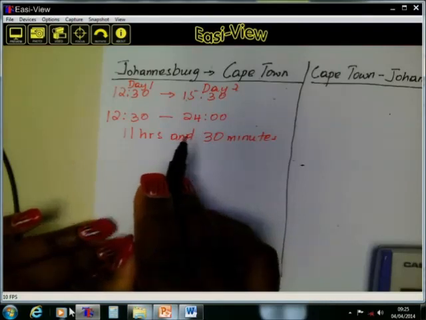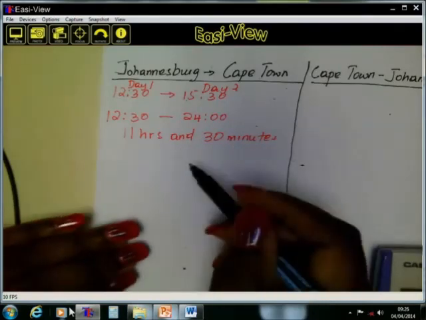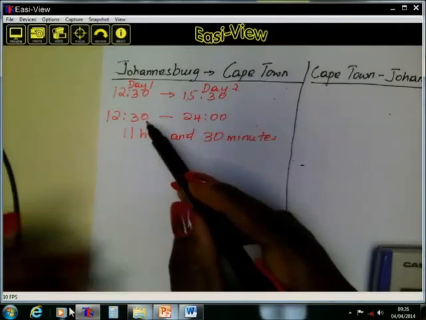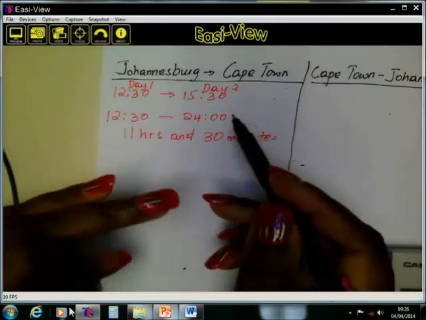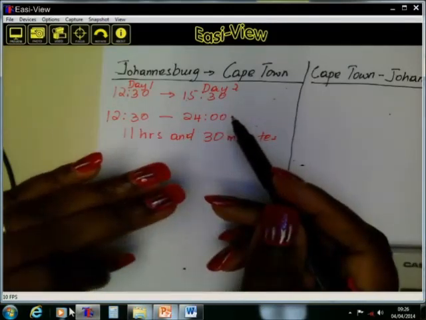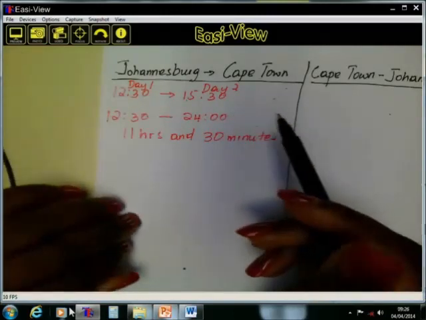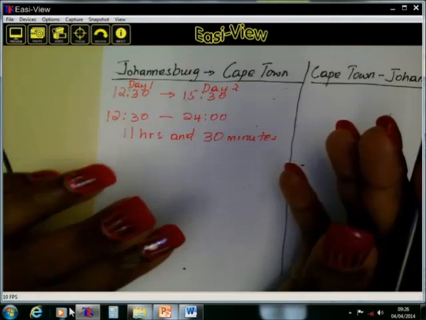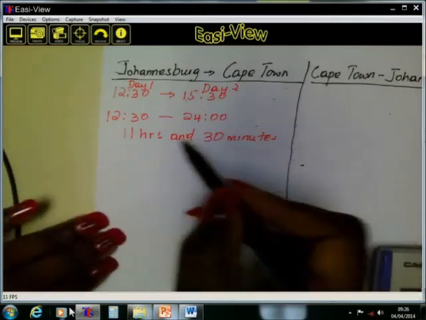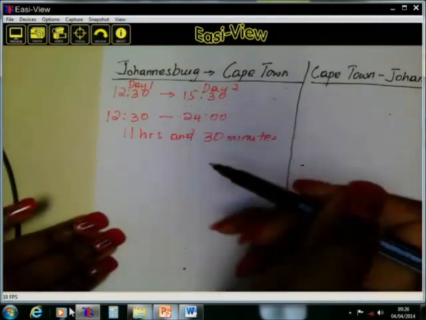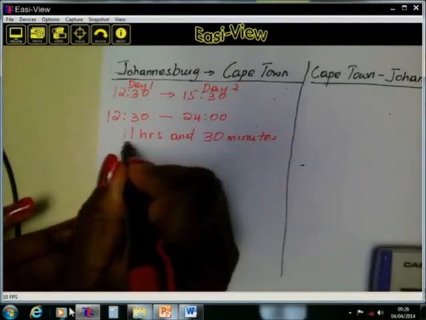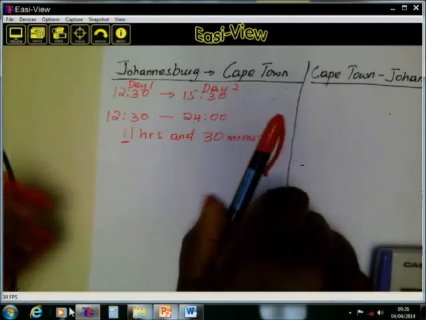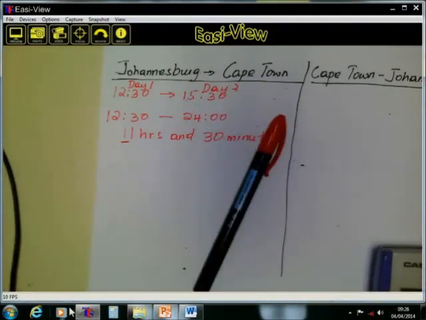Even if you can use your fingers to calculate that, from 12:30 it will be 12:30, 1:30, 2:30, 3:30, 4:30, 5:30, 6:30, 7:30, 8:30, 9:30, 10:30, 11:30, 12:30. If I'm not mistaken here, let us just go back and verify.